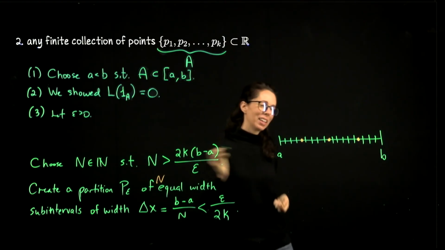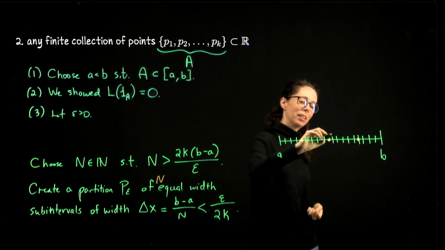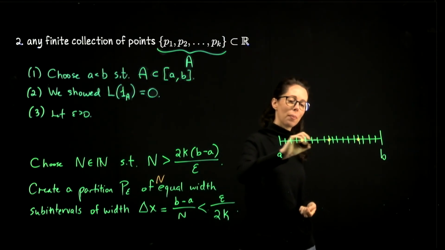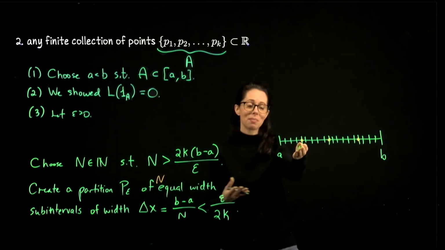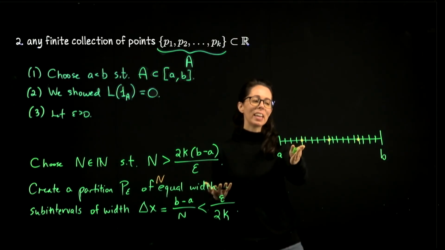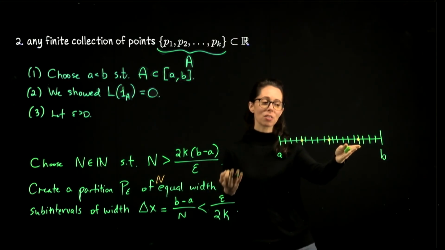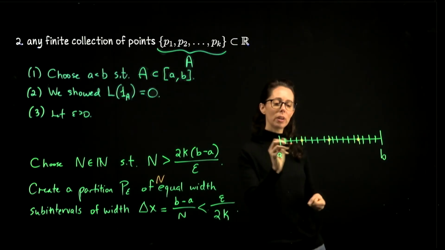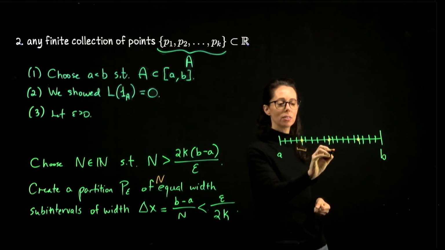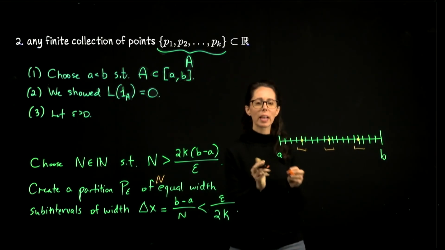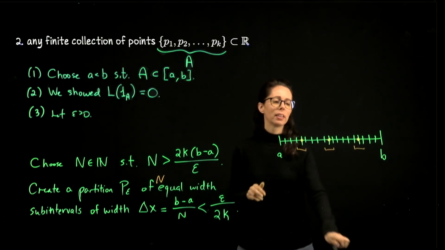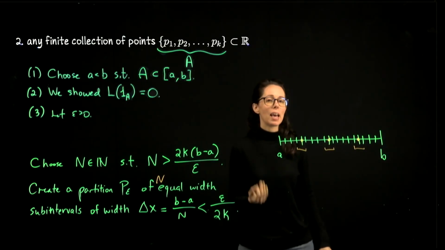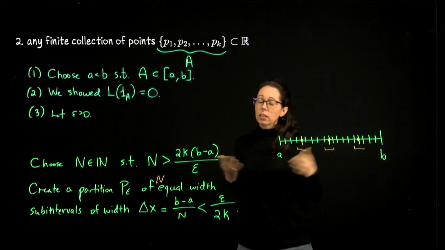And the reason why is you could have a partition of your domain where, just coincidentally, each of the points in this collection lands right on a slice point, and then each of your points would actually affect 2 subintervals. I don't think I actually realized that the first time I worked through this, but here you go. So it could be as many as 2k. It could also be 1.